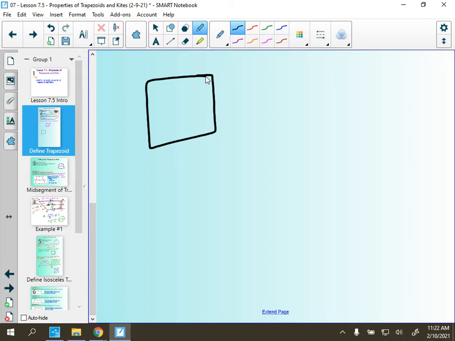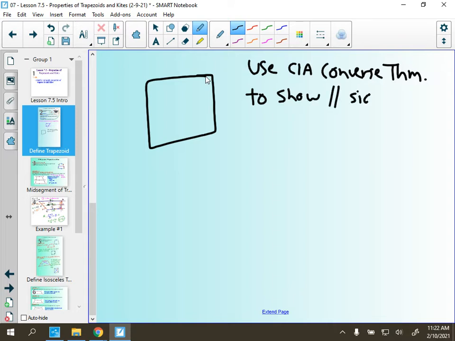Really, what we would have to use is the CIA converse. I'm going back in the old archives here, converse theorem, and I know I'm jumping a little bit, but to show parallel lines or parallel sides. So what would we need to see to say, hey, this has to be a trapezoid? I need information.